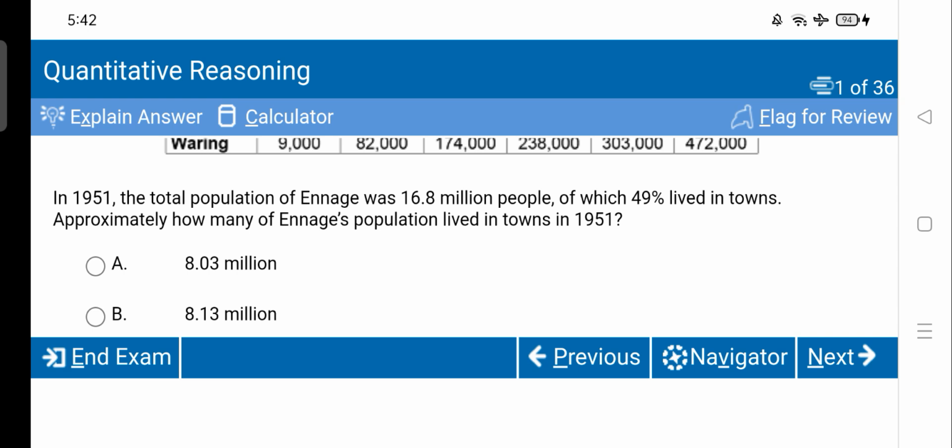Approximately how many of Inage's population lived in towns in 1951?